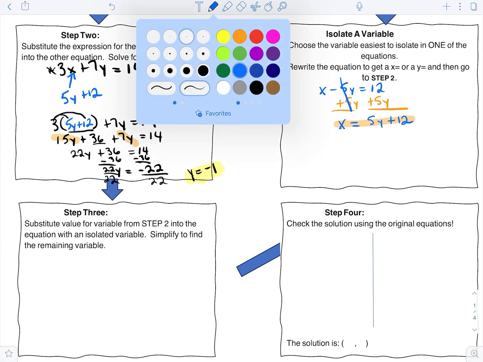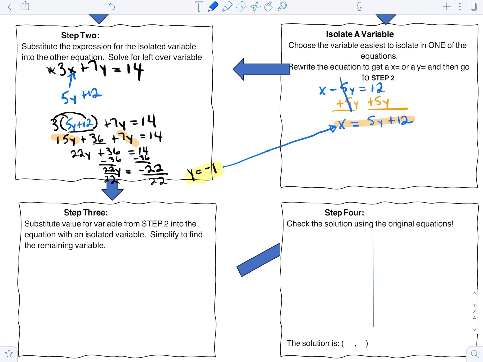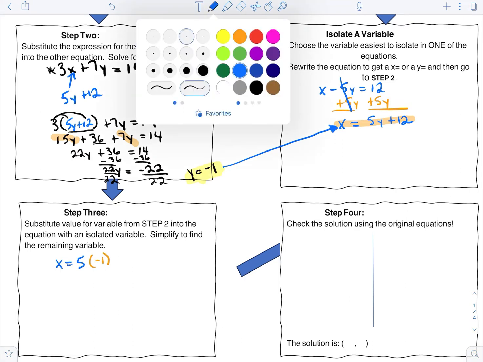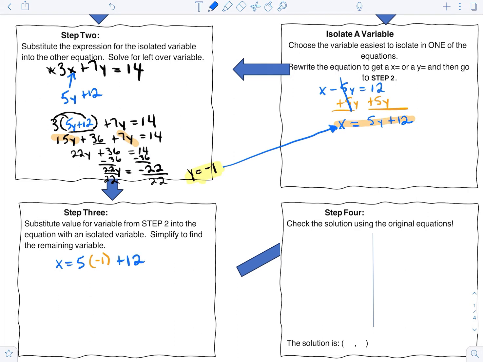Now we're going to substitute that value right into this equation to solve for x. So that'll be x equals 5 times negative 1 plus 12. 5 times negative 1 is negative 5, plus 12 is 7.